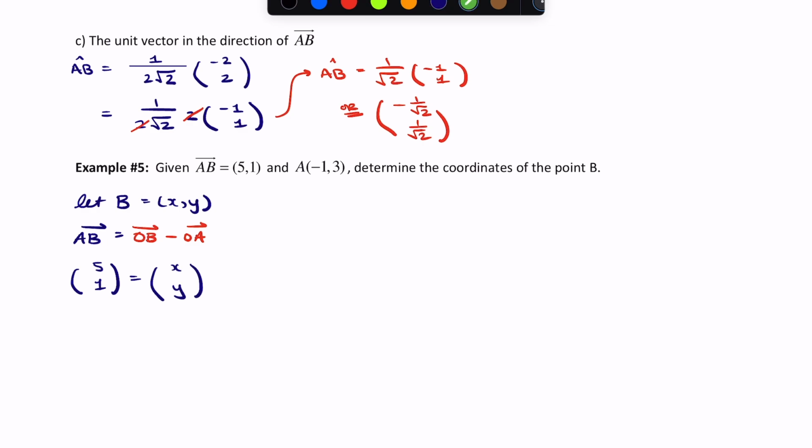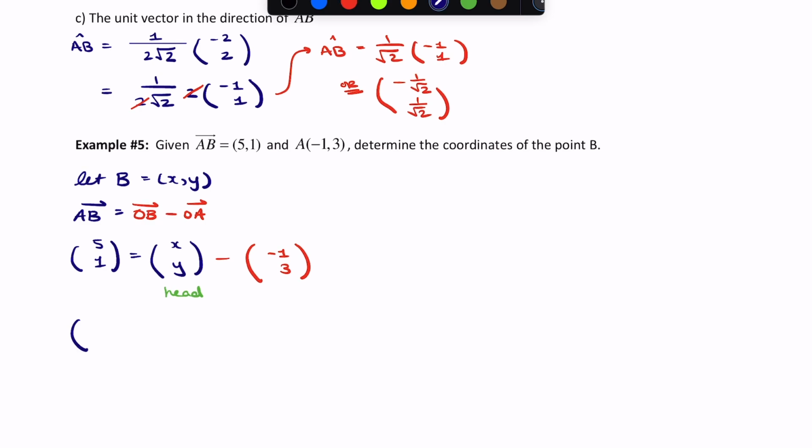That is our head, and minus our tail in this situation is our A, which is -1 and 3. Here we get that 5 and 1 is equal to x plus 1 and y minus 3.